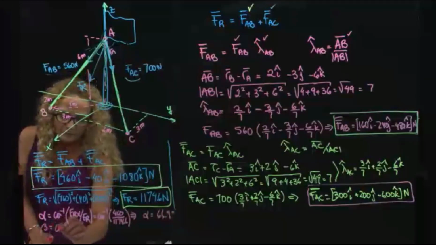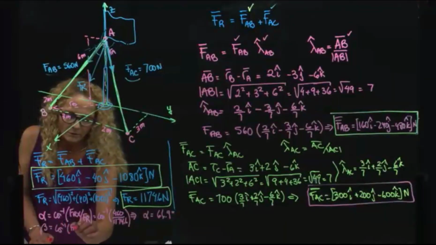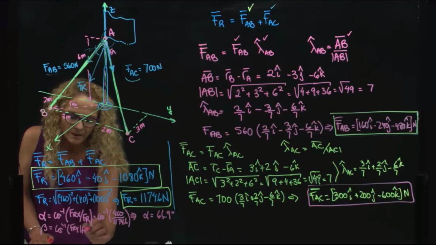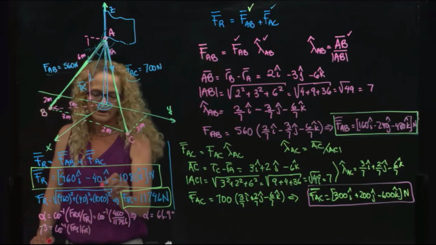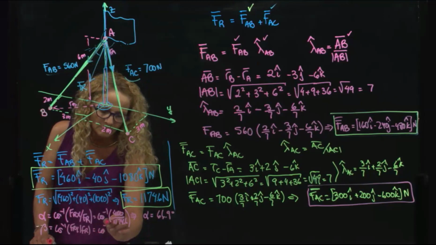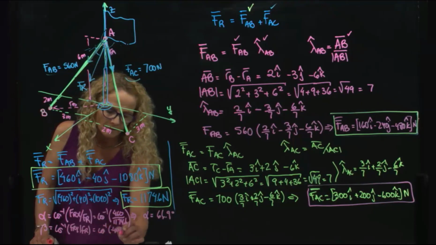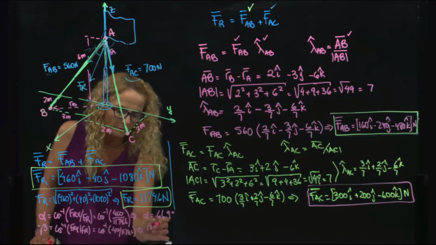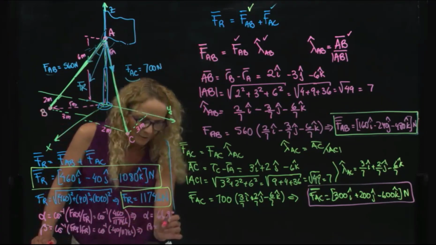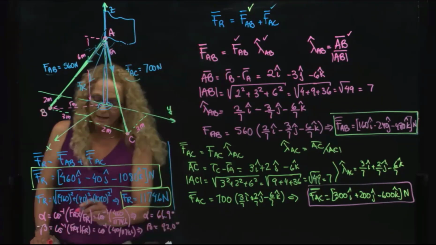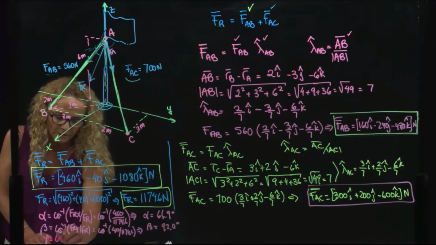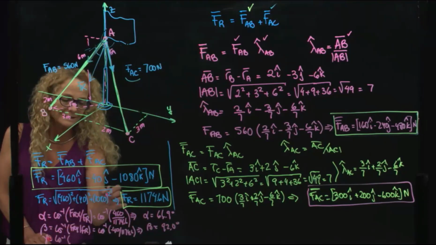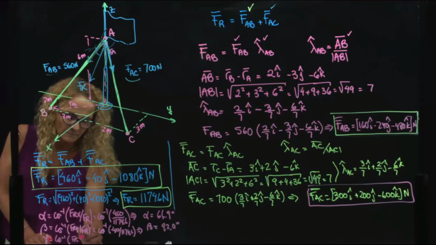Beta is cosine inverse of the component in y, which is 40, divided by the magnitude. And beta gives me a value of 92. And finally, gamma, which is the cosine inverse of the z component over the magnitude of the whole vector.